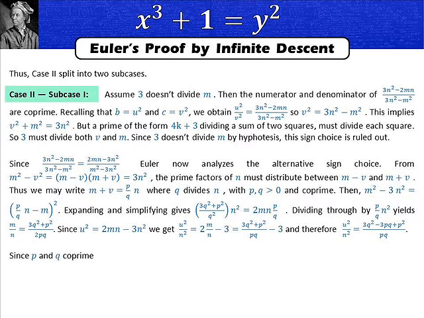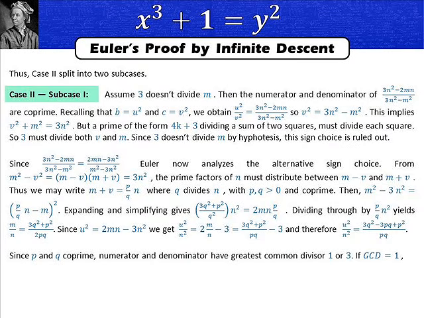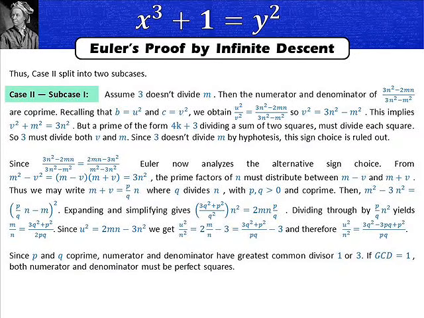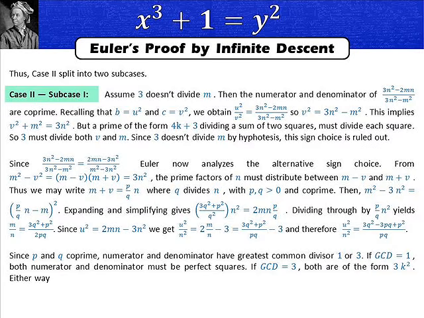Since p and q are coprime, numerator and denominator have greatest common divisor 1 or 3. If the greatest common divisor is 1, both numerator and denominator must be perfect squares. If the greatest common divisor is 3, both are of the form 3k squared. Either way, it follows that pq times (3q squared minus 3pq plus p squared) is a square.